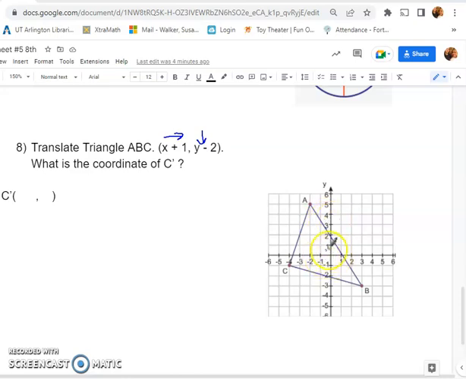Okay, and now you're going to figure out what it is. Count it over and up. That's the only one you have to do. You do not have to do all of them. So actually, we're going to do C, right? Not A. We're going to do C. So we're going to move 1 and 1, 2. Put C prime. Those are the coordinates you want. Okay, so do that now.